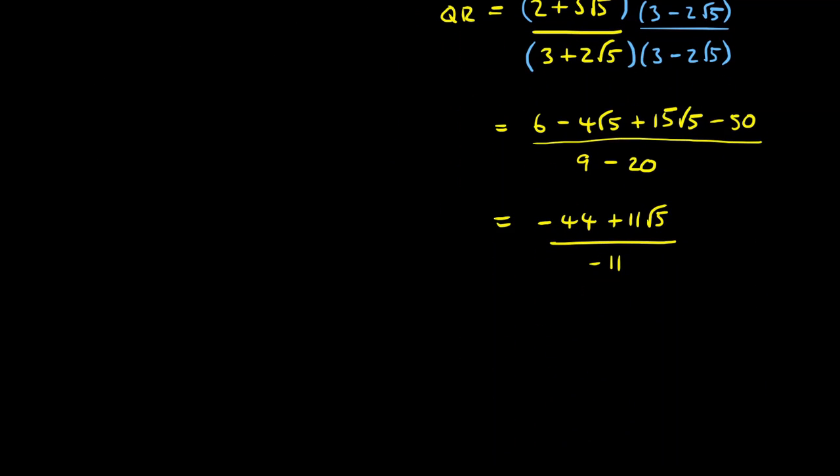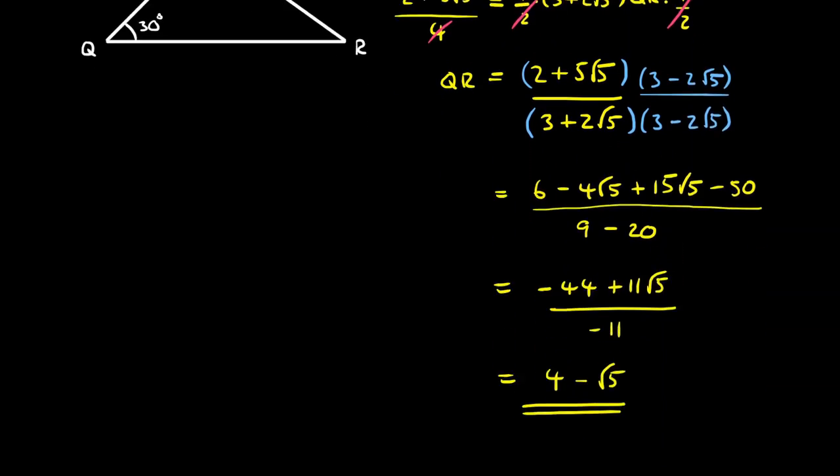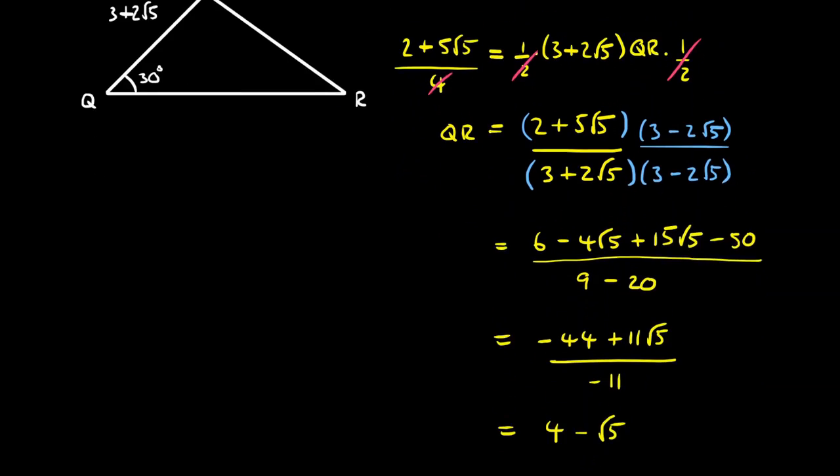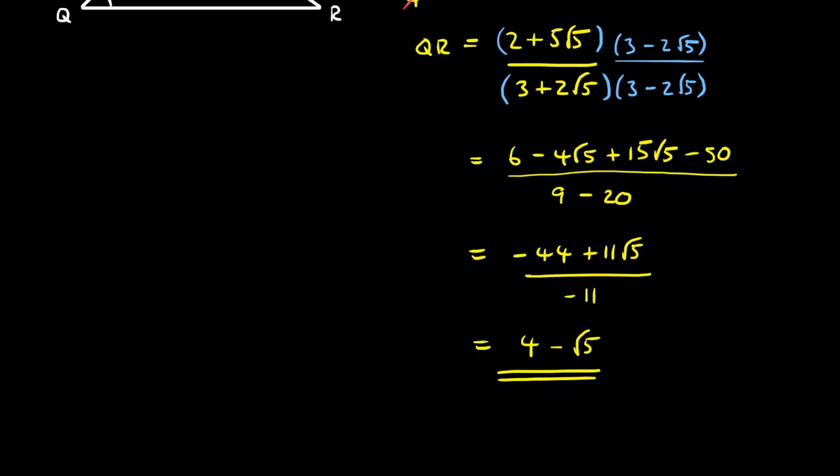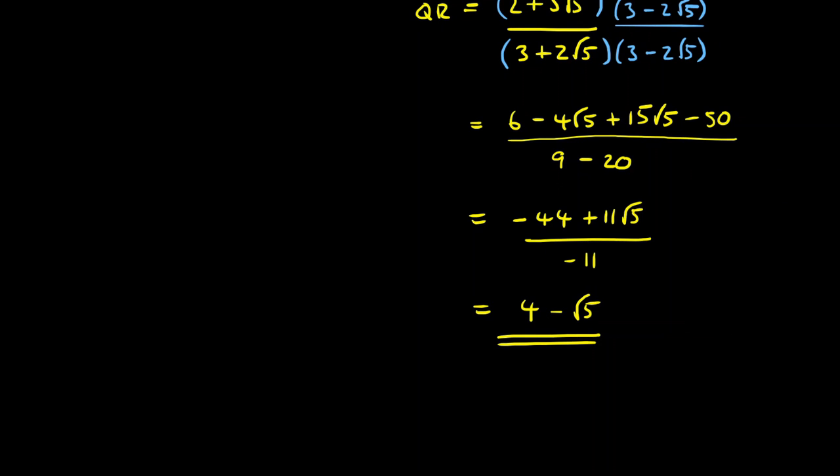Well, hopefully we can recognize that everything divides through by negative 11. So negative 44 divided by negative 11 is 4. And 11 root 5 divided by minus 11 is minus root 5. So in the end, our answer is 4 minus root 5, which means c is equal to 4 and d is equal to negative 1. Okay, and that's our answer.